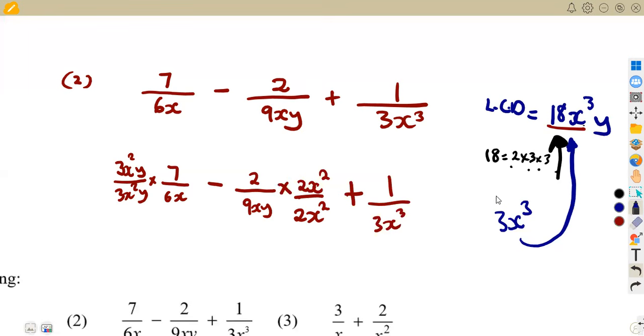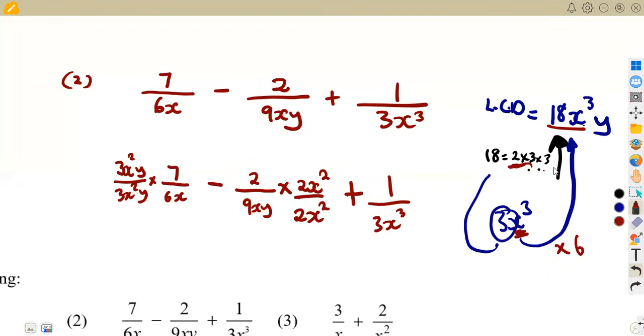What is missing? I just have a 3. It must be 18, so 3 has to be multiplied by 6. 6 times 3 gives us 18. Or you can divide on your calculator, 18 divided by 3. Then you know that the number you get is the one you're going to multiply to get 18. So that would be a 6.